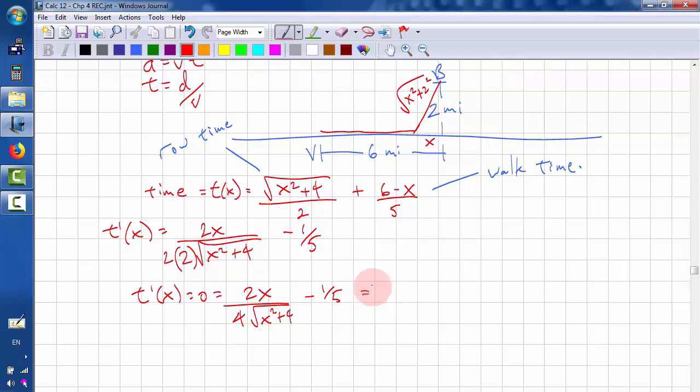Okay, so we move this to the other side. We get 1/5 equals x over 2 square root of x squared plus 4. Some more work. We get 2 square root of x squared plus 4 over 5 equals x.